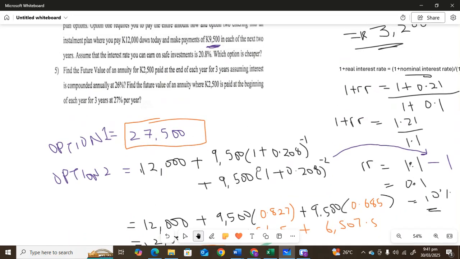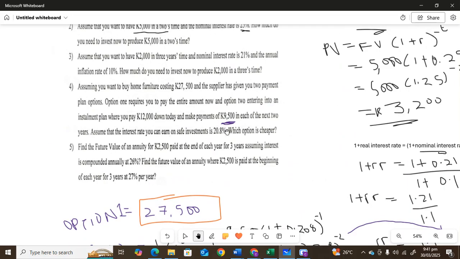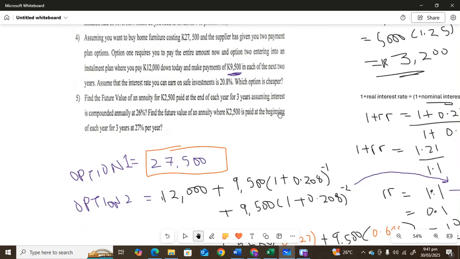Oh, it's here. It's in the question here. Assuming you want to buy home furniture costing 27,500. Yes. Any questions before we go to the last and final question for today's lesson?